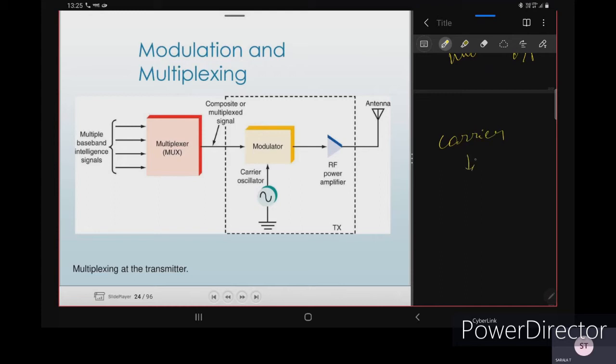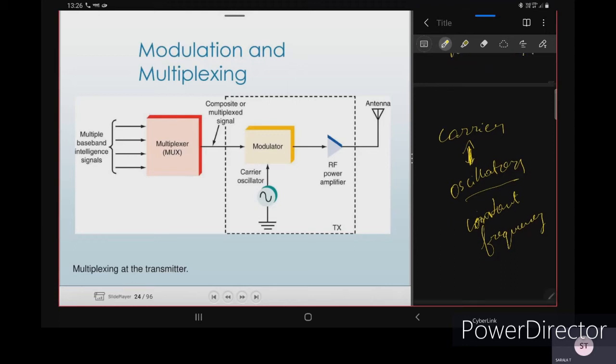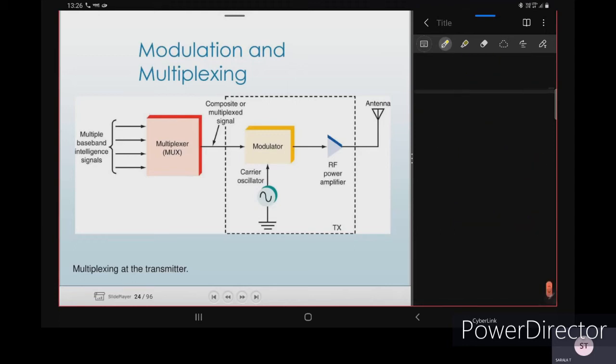To provide that carrier signal, you need to use oscillators. It will always be a constant frequency. And you will have an RF power amplifier as the transmission will be through the medium.